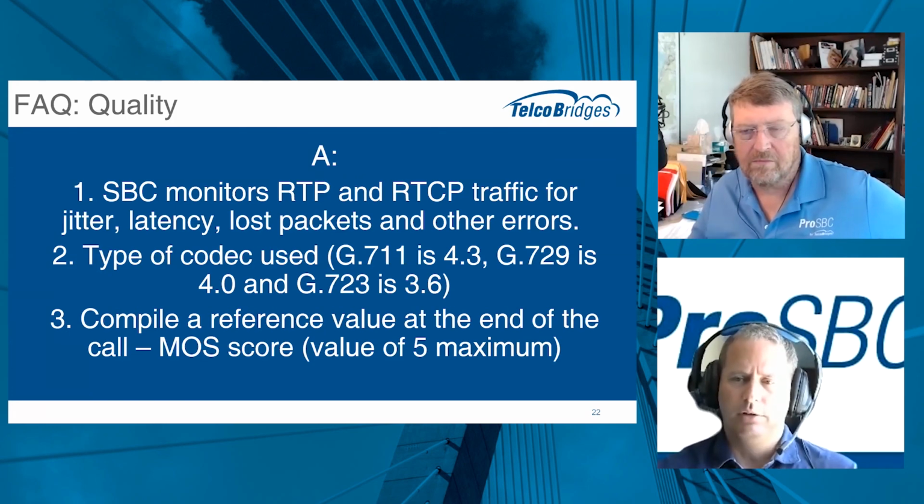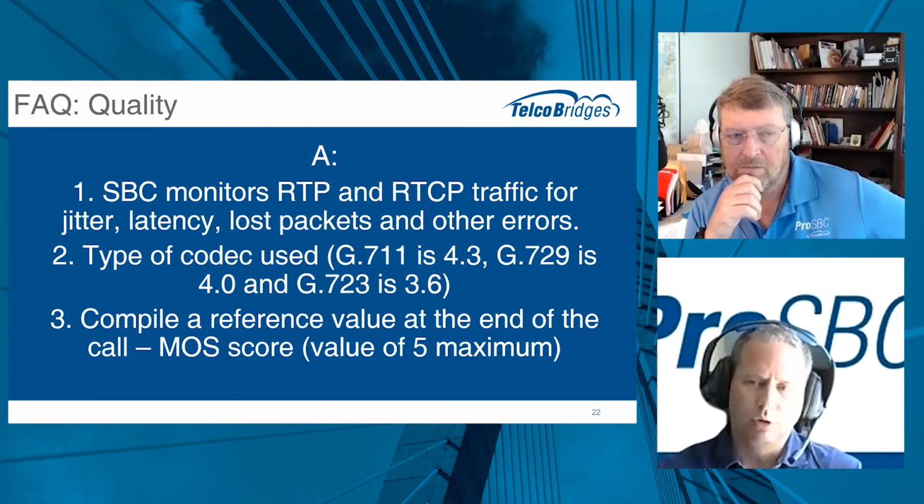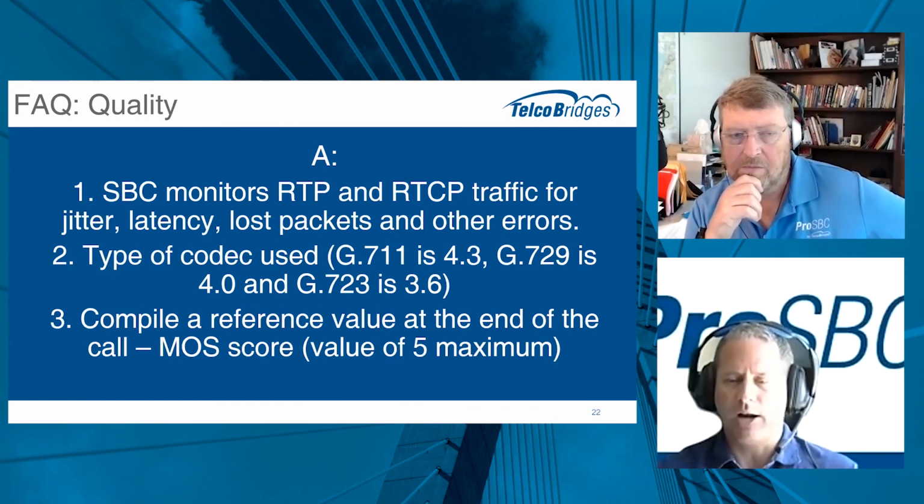For example, if we have lost packets, if we have latency, if we have jitter, all of these parameters will affect the quality. So there's not only 3 parameters, right? There are many parameters that are analyzed, and there's also the type of vocoder used. The type of vocoder will affect the quality of the media.